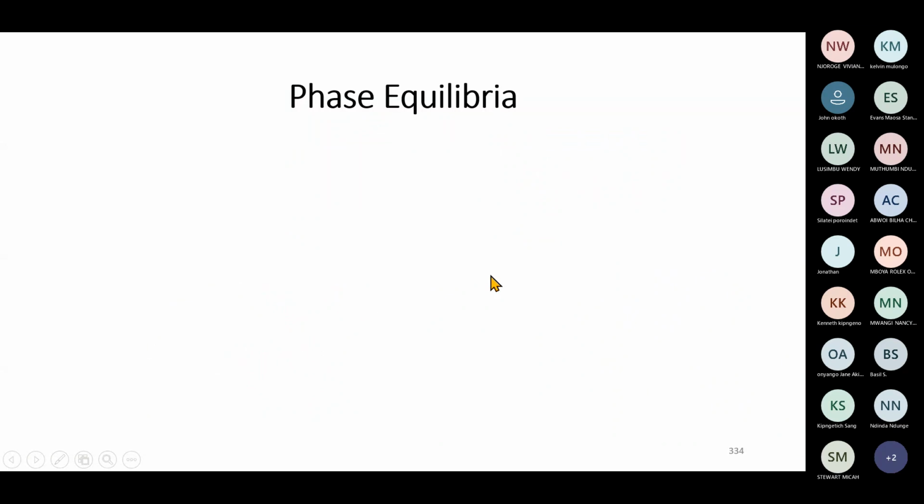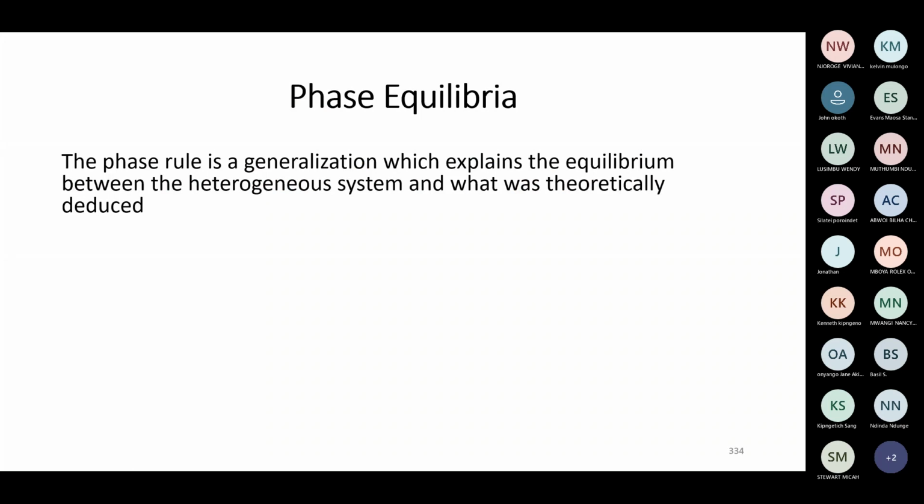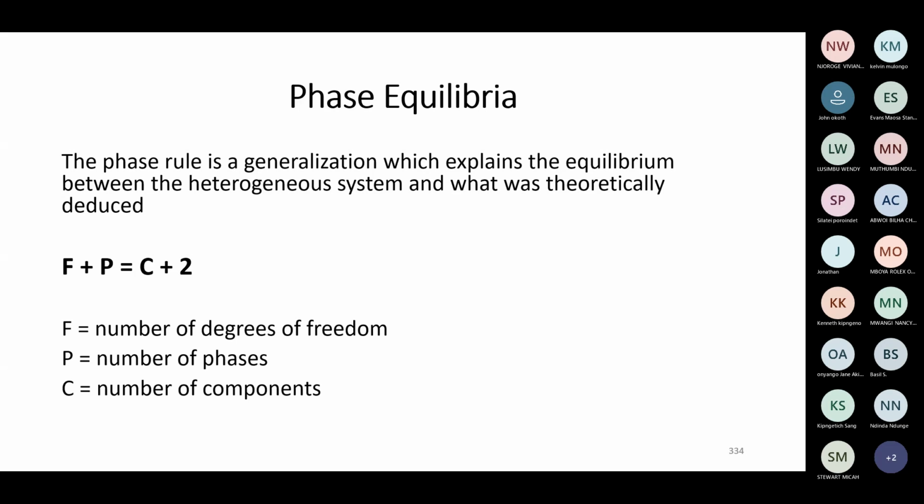Okay, let's get into this discussion on phase equilibria. Now, in phase equilibria, we have what we call the phase rule, which you're going to see very soon. This expression, F plus P equals C plus 2, where F is the number of degrees of freedom, P is the number of phases, and C is the number of components.